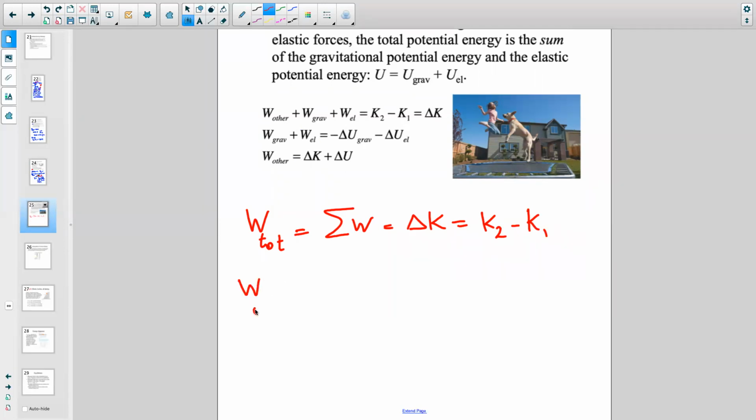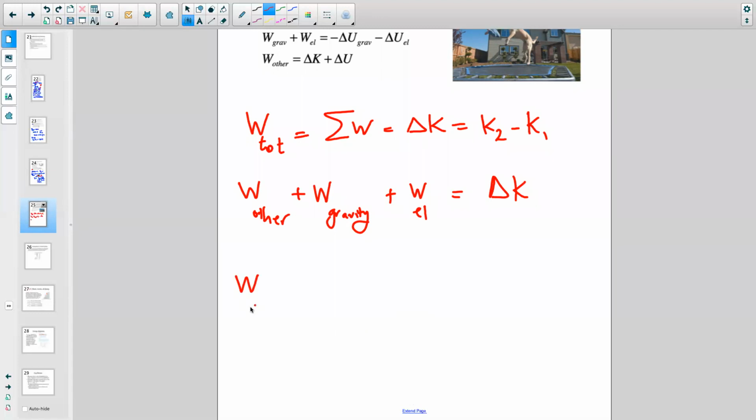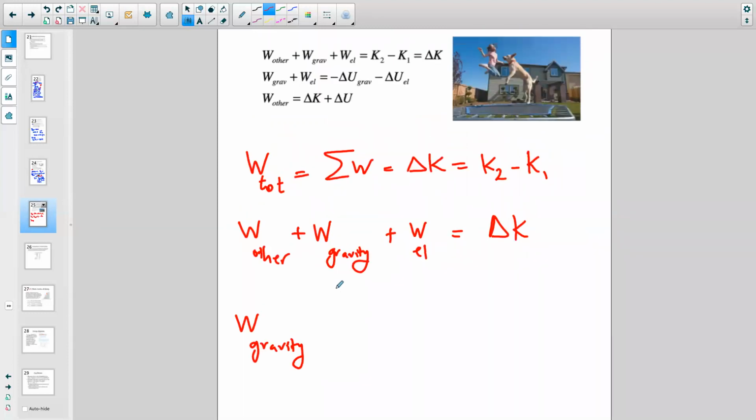So work done by other forces, whatever other forces we have, like the force applied by somebody, like force F, or any other force, plus work done by gravity, plus work done by elastic forces like a spring, is delta K. But we know the work done by gravity is negative delta U of gravity.